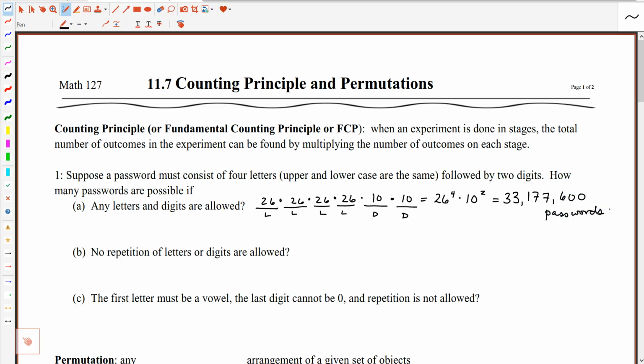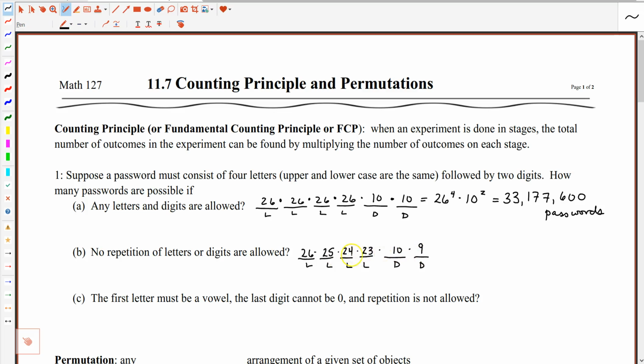Now what if we don't allow repetitions? That's what's going to be part B. So we still have letter, letter, letter, letter, digit, digit, but once you use up a letter, you can't use it again. So there are 26 letters for the first spot, then there'll be 25 for the second, 24 for the third, and then 23, so then that takes care of my letter spots. Now for the digits, there'll be 10 possible digits for the first spot, and then 9 for that second spot.